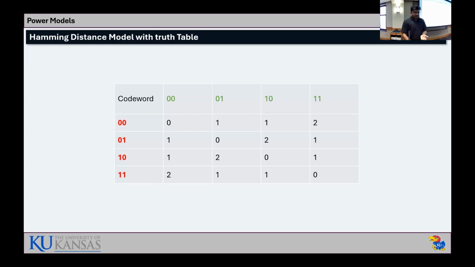But when 1 bit is flipping, you'll get some peak, suppose 1 millivolt. When 2 bits are flipping, it will be double. From this, you can get an idea of how many bits are flipping inside your circuit, so to do this, we use the Hamming distance model.